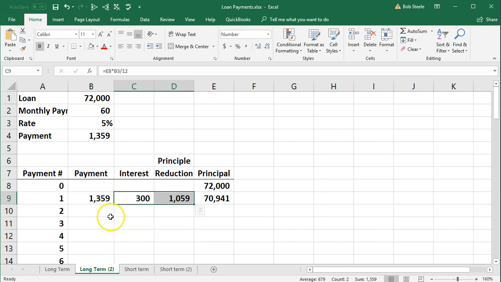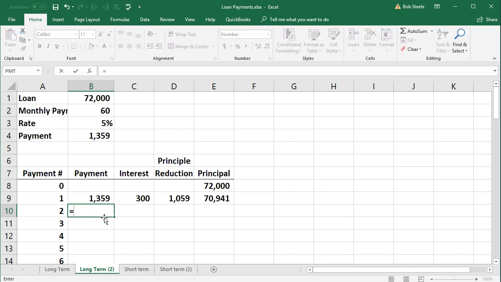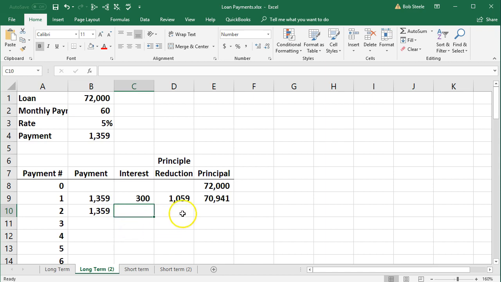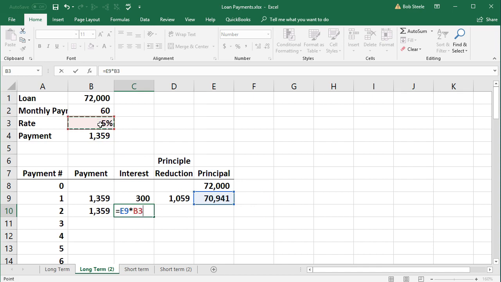So we're going to make a payment of this and break out interest and principal in this format. If we kept doing this, we know that the second payment is still going to be the same amount. The amount going to interest, however, is going to differ because the principal balance has differed. So the amount going to interest is going to be equal to this number now times 5% divided by 12 months.